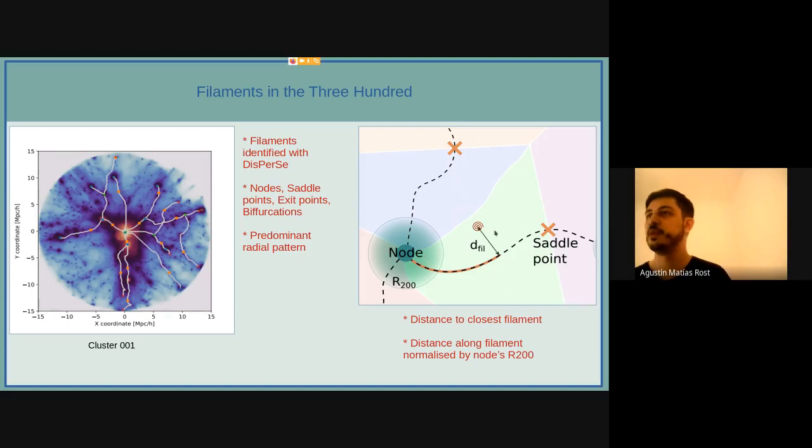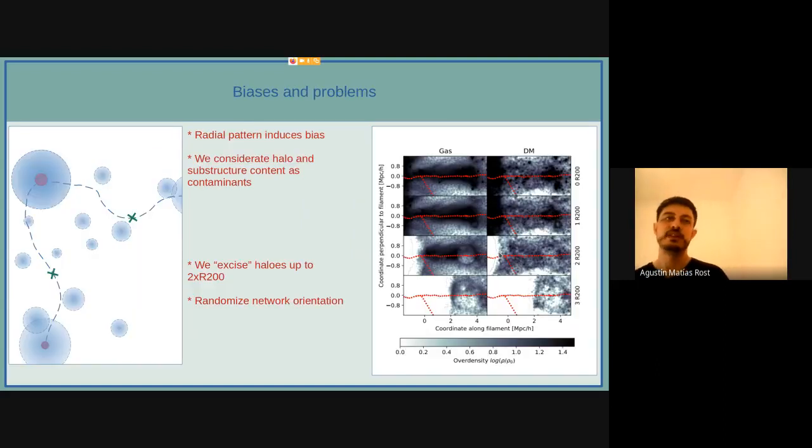The quantities that we define in order to study these structures are the distance to the filament, which is shown here, and also the distance along the filament from the node, normalized by R200. So this is a measure of how close it is to the node. Another thing that is important in this work is that we are only interested in the diffuse material in the filaments.